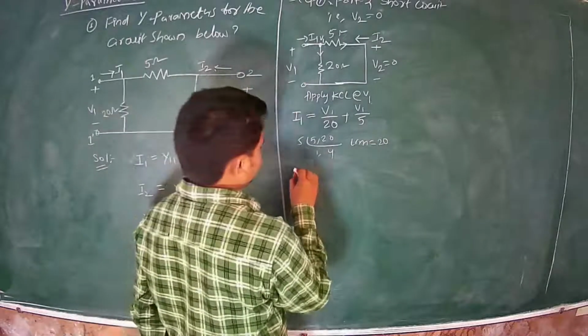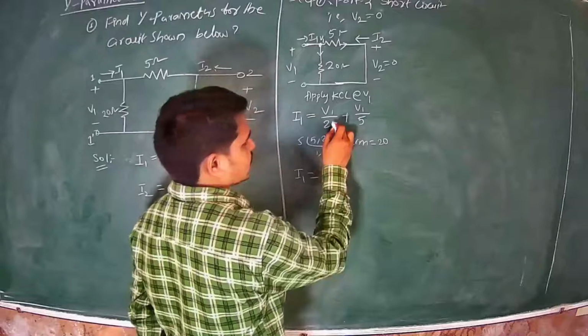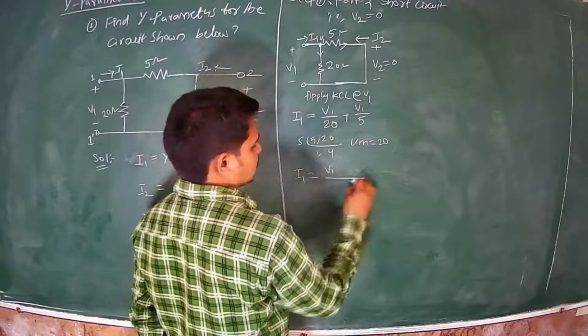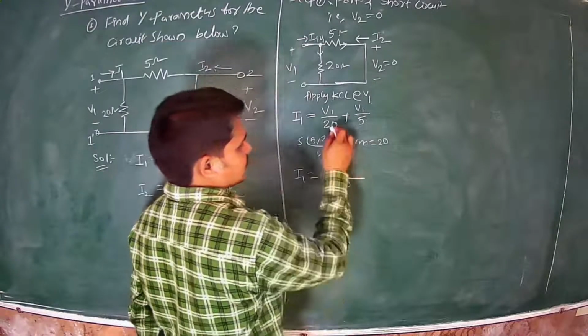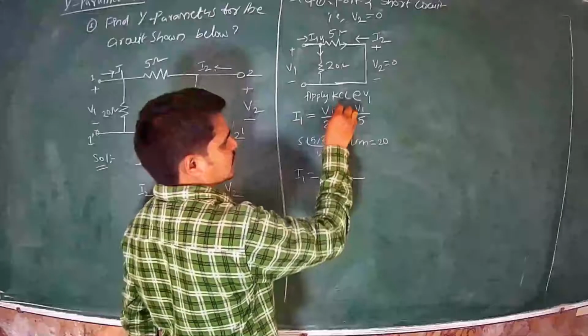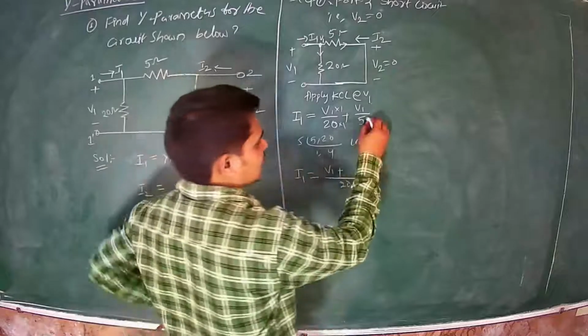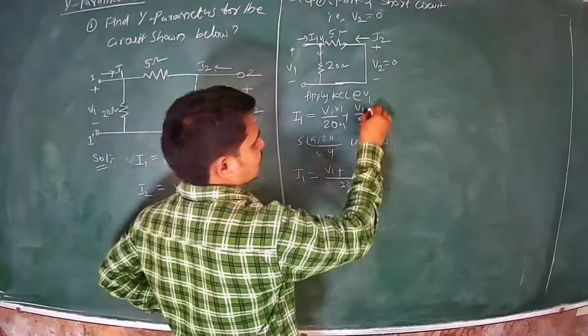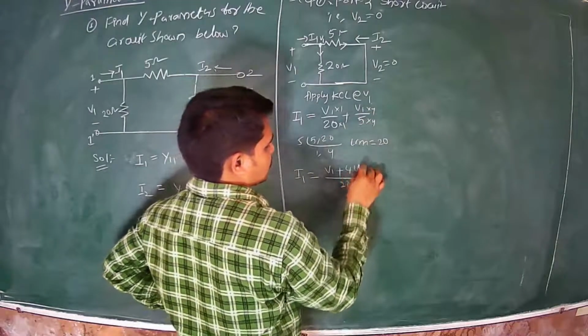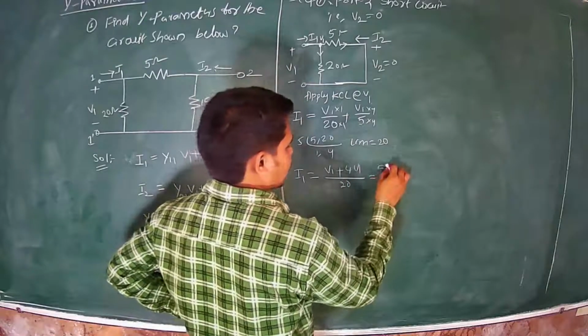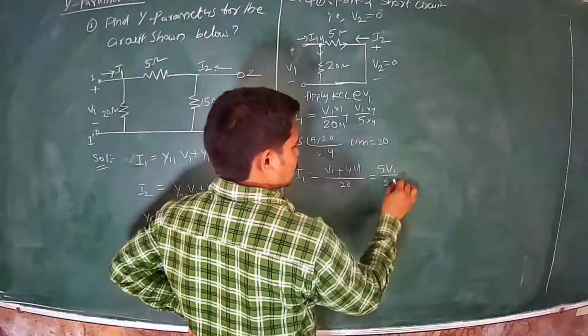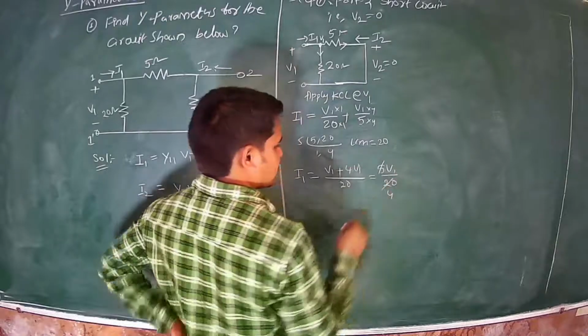So to get I1, multiply V1 by 1 over 20, and V1 by 4 over 20, therefore 5 V1 by 20.